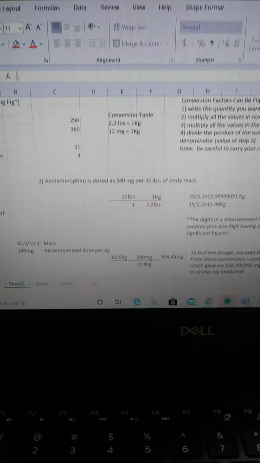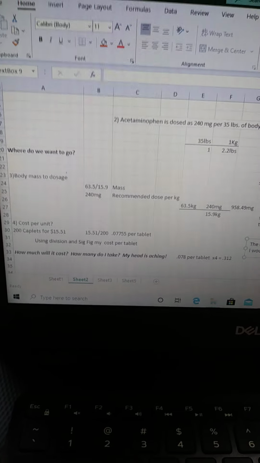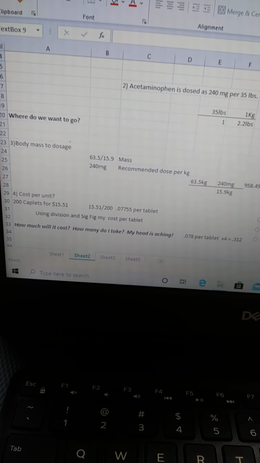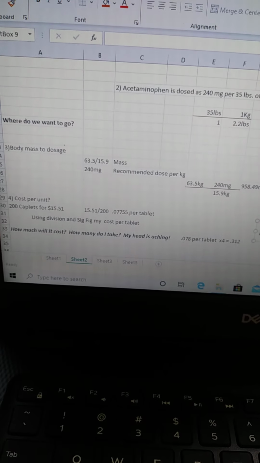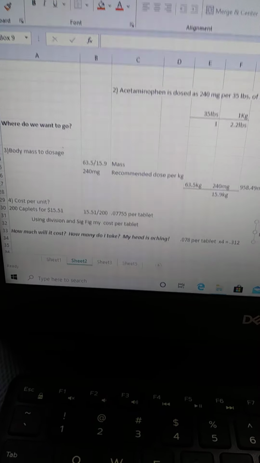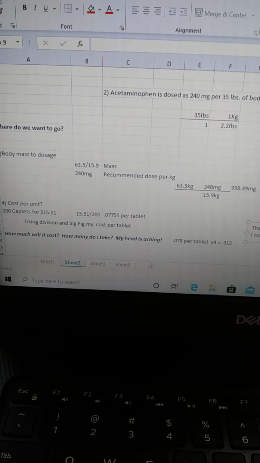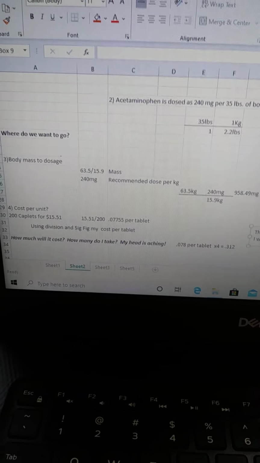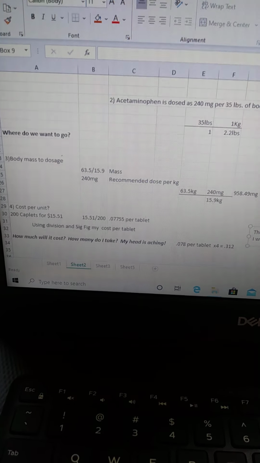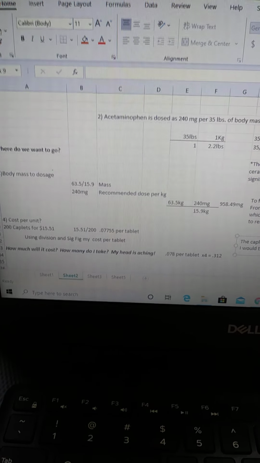So let's see if I can move down here. Now that we've identified that, I have to take a look at how that's actually sold. My cost per unit, 200 caplets for $15.51. Okay, so using division and sig fig, here's my cost per tablet, which is 0.07755 per tablet.